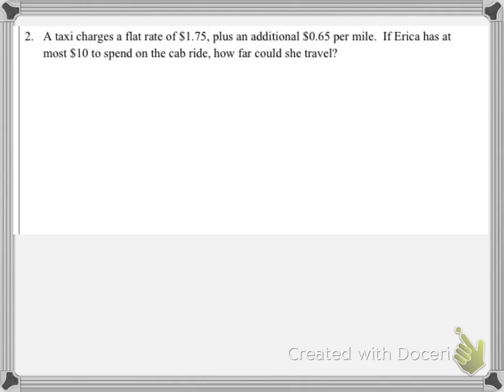Okay, so I have my flat rate of $1.75. So I know I have to pay that $1.75 for sure. Then I have additional 65 cents per mile. So I would say that that is 0.65x, so per mile.